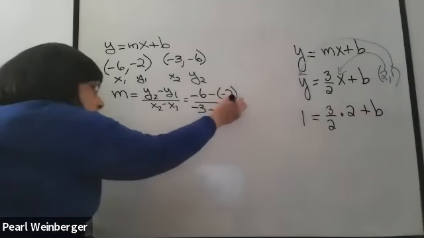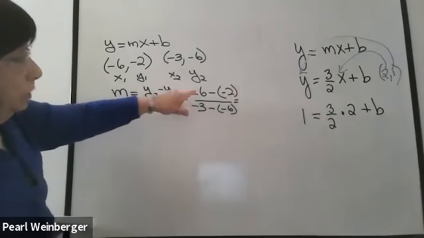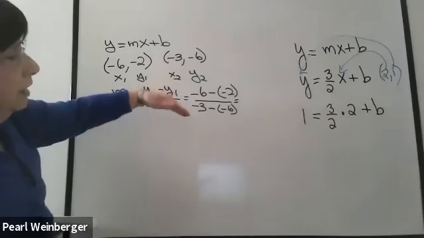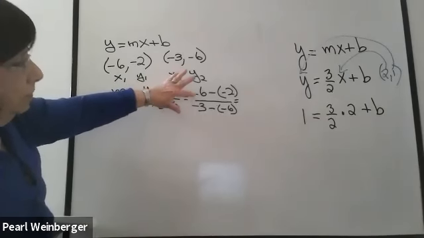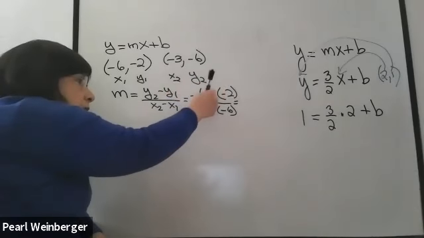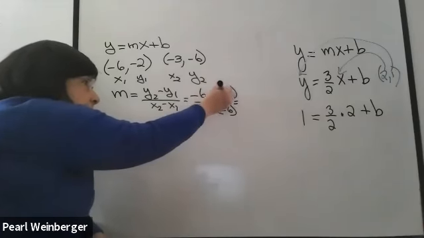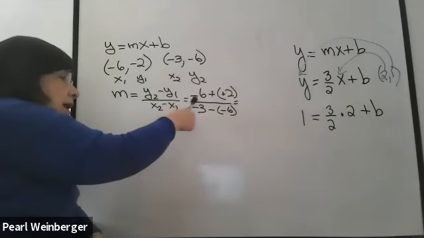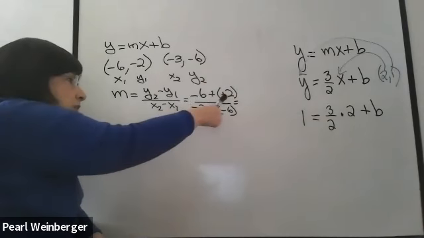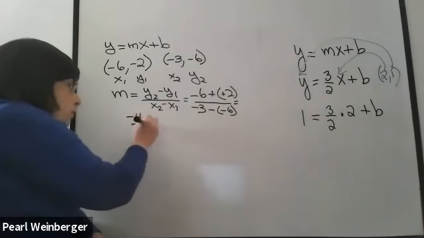And now we have to simplify this. Again, you could do this in your calculator, but do the top separately and the bottom separately. But I'm going to do it without the calculator, remembering wherever I see a negative followed by a negative, that becomes a positive. So the top actually becomes -6 plus 2, which is -4.